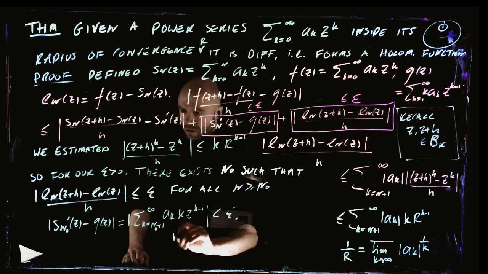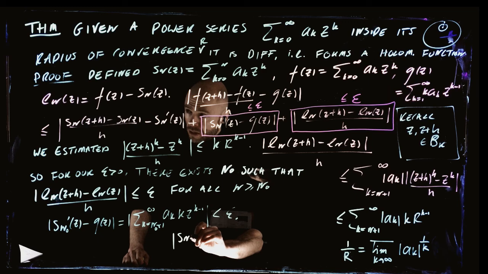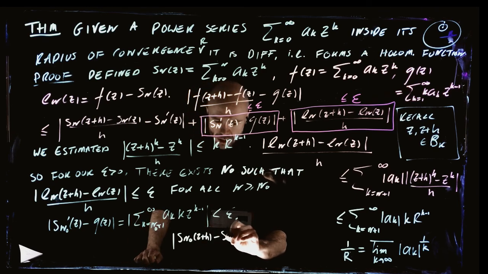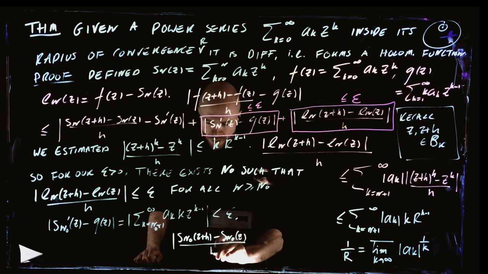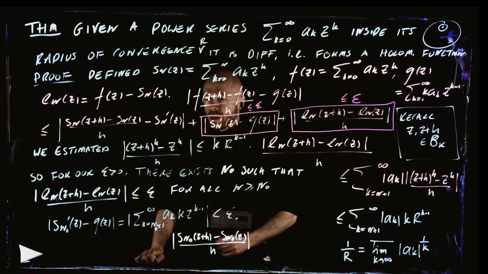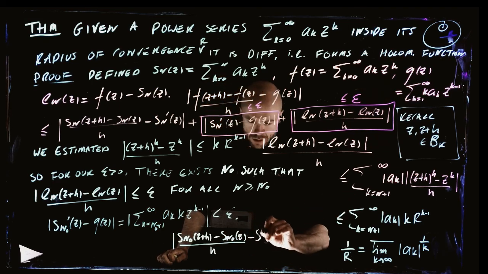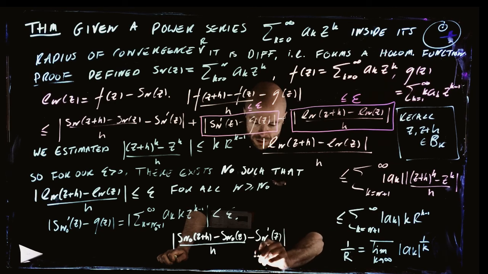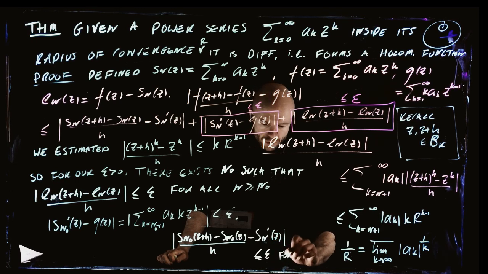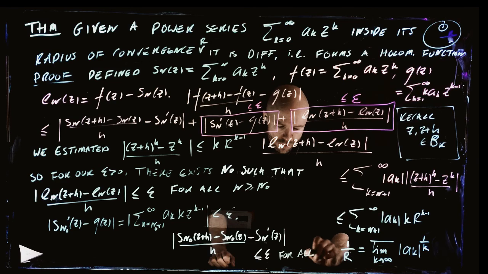(S_{N0}(z+h) - S_{N0}(z))/h minus S_{N0}'(z). This thing is also less than epsilon for all h belonging to some particular radius around 0.